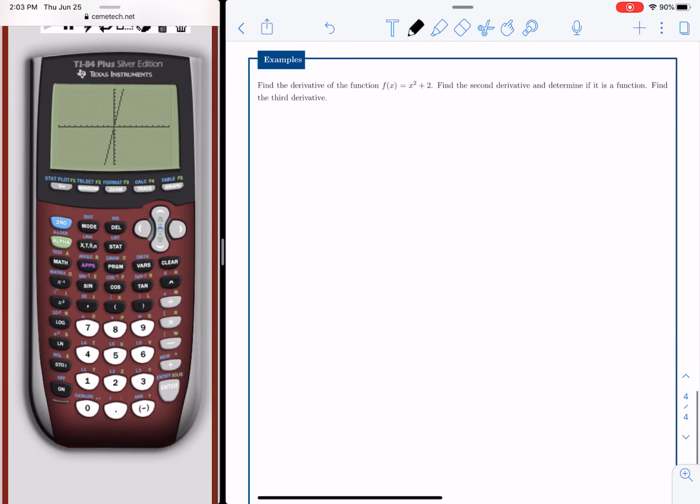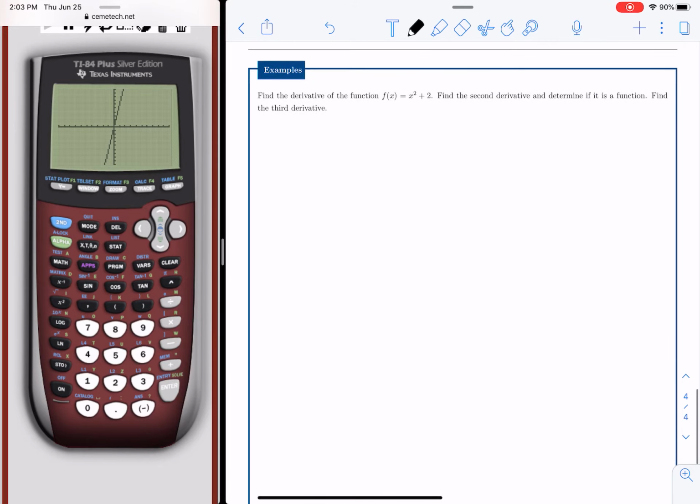So here we have x squared plus 2, and we want to find the first derivative first. So limit h approaches 0, f of x plus h minus f of x divided by h.